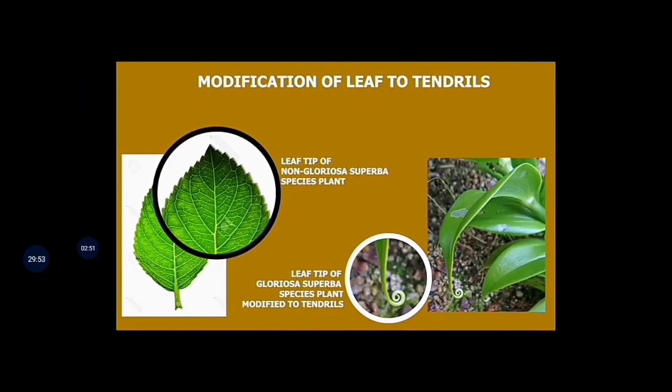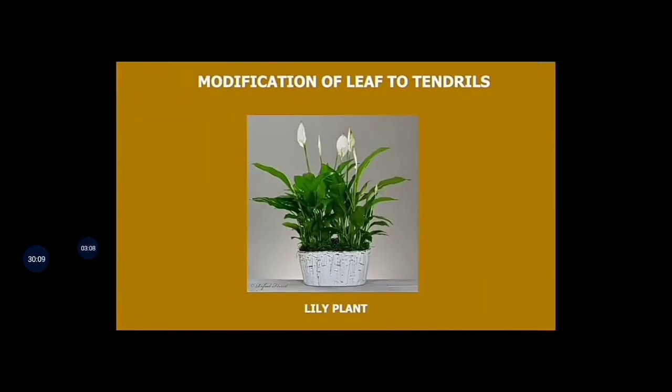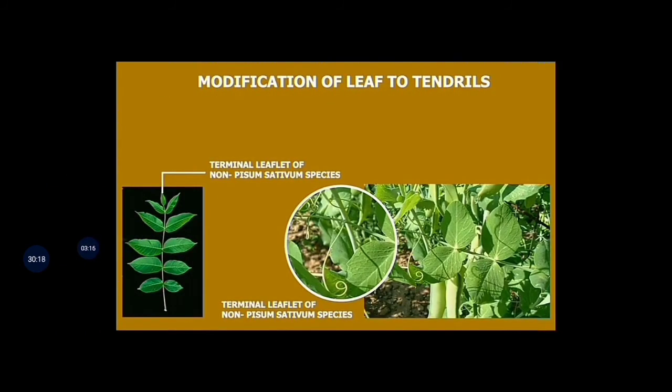In Gloriosa superba plant, the leaf tip is modified into tendrils. One more example is the lily plant. This also belongs to this category. In Pisum sativum, the terminal leaflets are modified to tendrils.